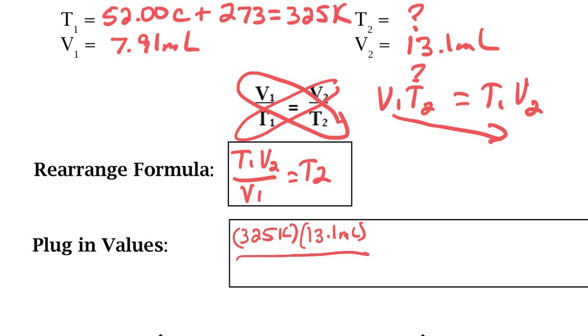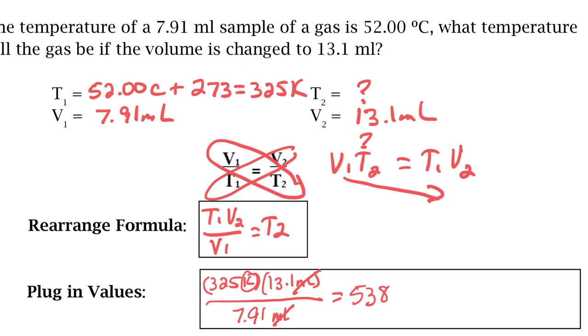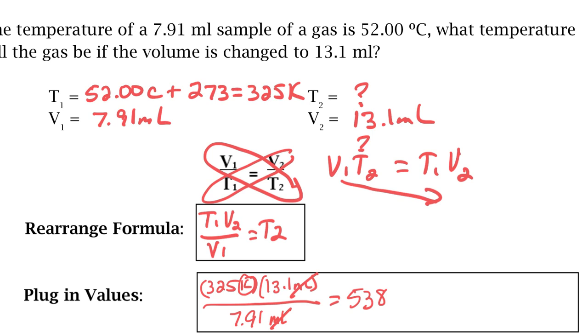Underneath that, I've got V1, which was 7.91 milliliters. My units are canceling out. The milliliters are canceling out. What's the unit for my answer? Okay, K, it's the only one that's left. So what did you guys get when you put it in the calculator? 538.